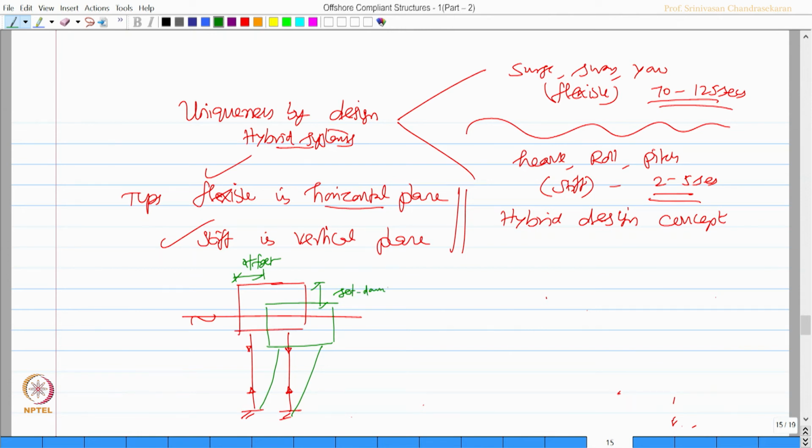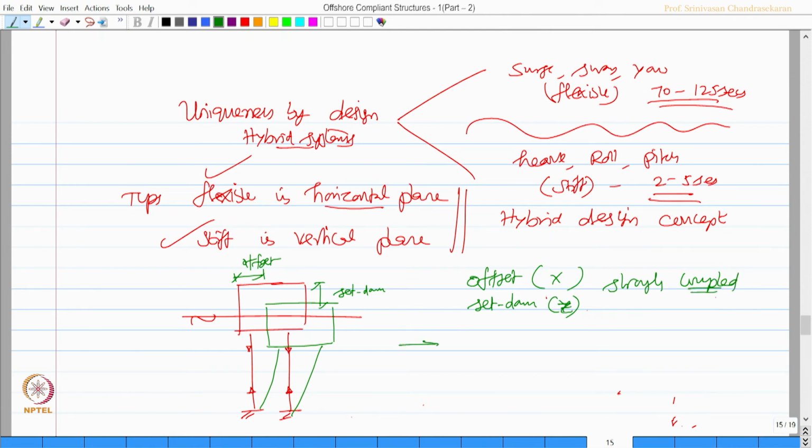So, one can now notice that offset which happens along x axis and set down which happens along z axis are strongly coupled. What do you mean by coupling?